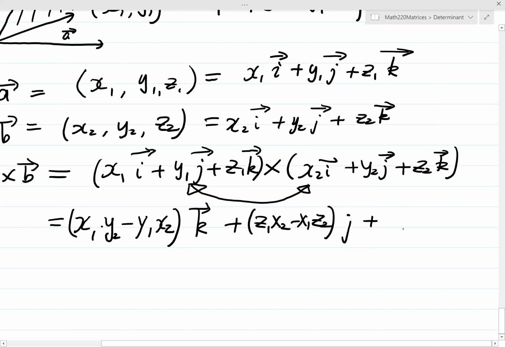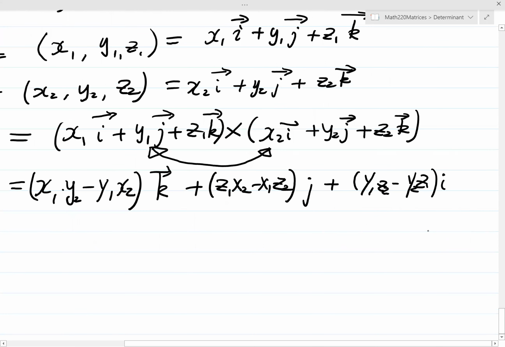So it's y1 z2 minus y2 z1, i. So you can write this as i times (y1 z2 minus z1 y2). Remember, this is the two-dimensional determinant.